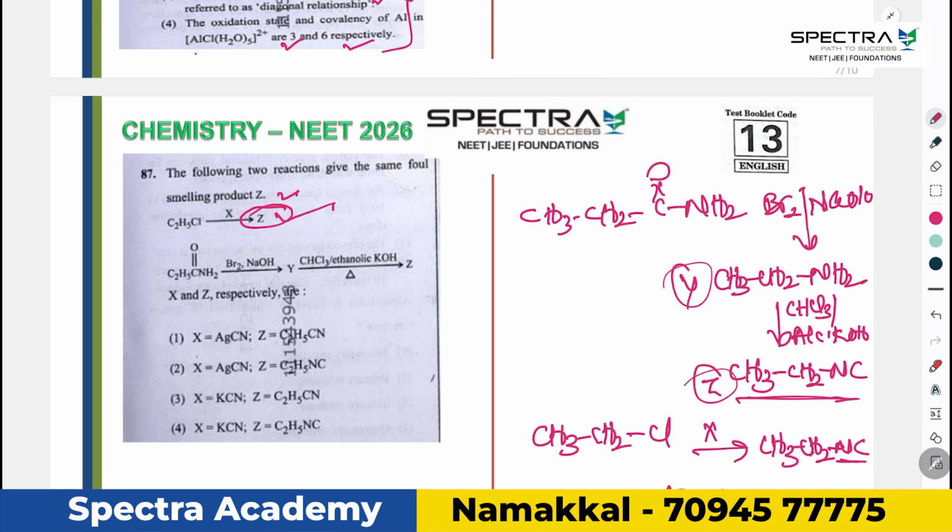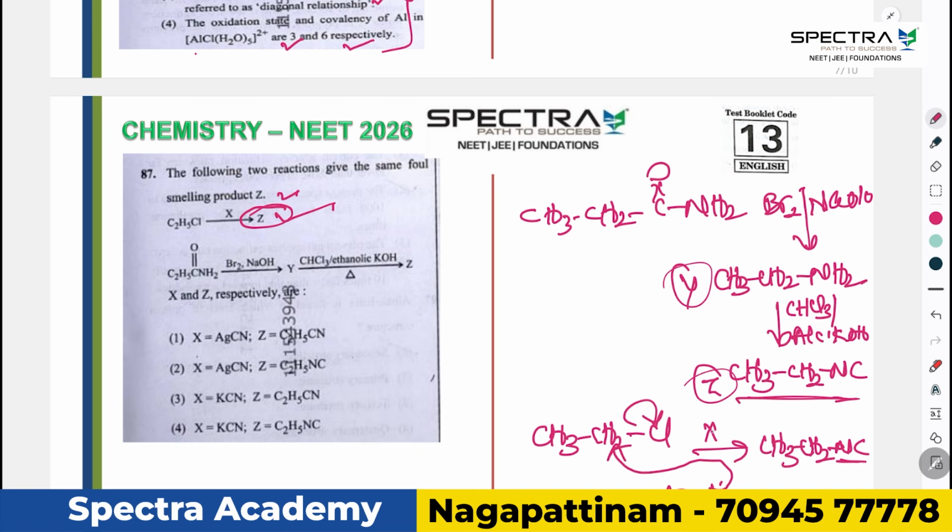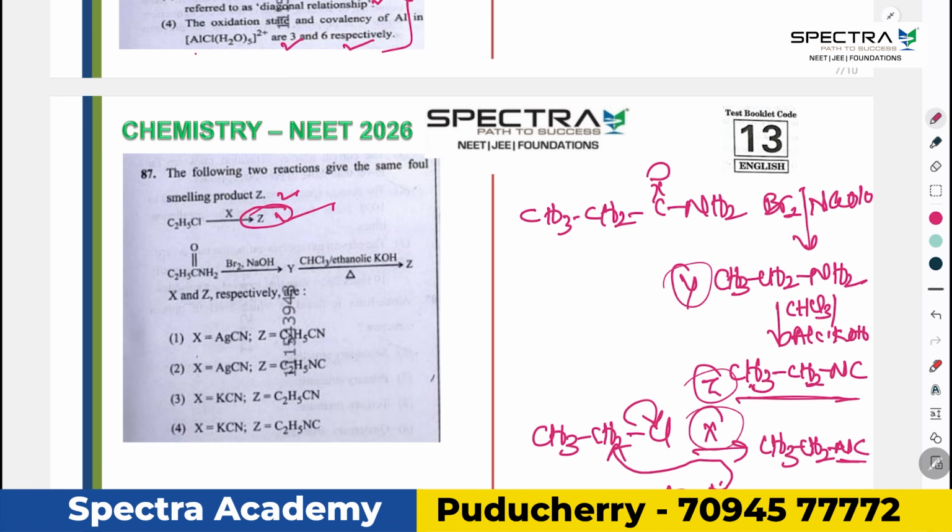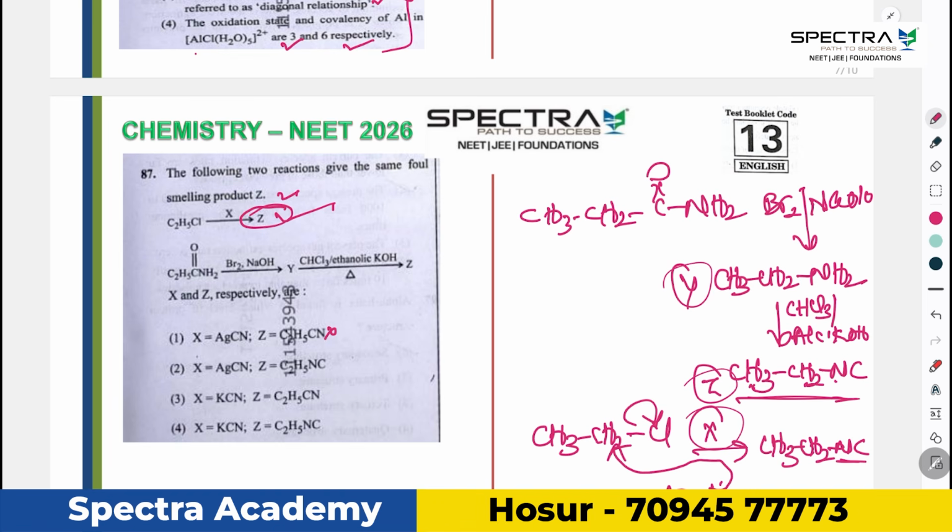We know that in AgCN, carbon and silver have a covalent bond, that is why nitrogen will attack. So here X is AgCN and Z is CH3 CH2 NC. You can check the options: AgCN and C2H5CN, wrong answer. AgCN and C2H5NC, correct answer. Option 2 for 87.